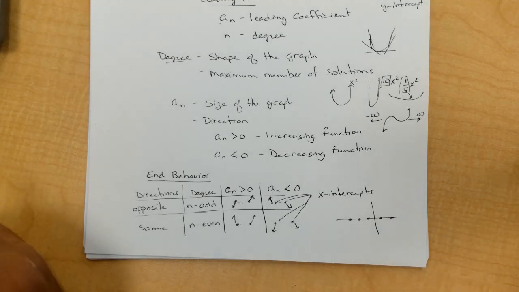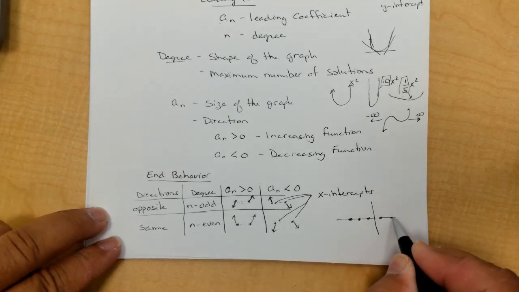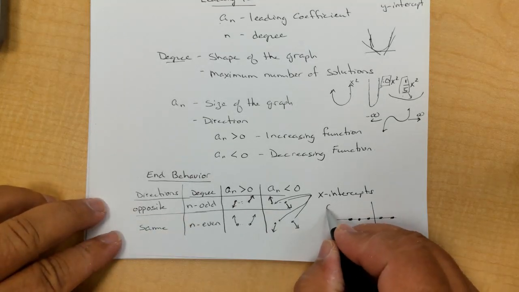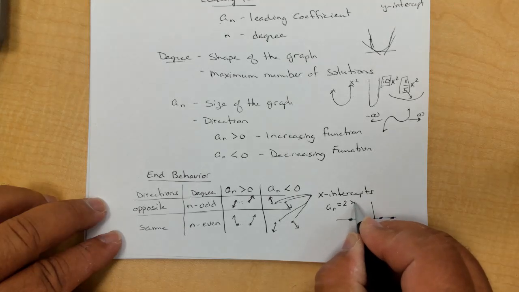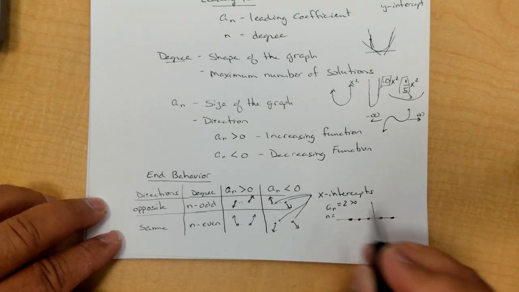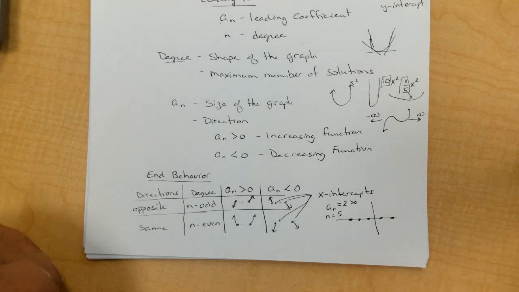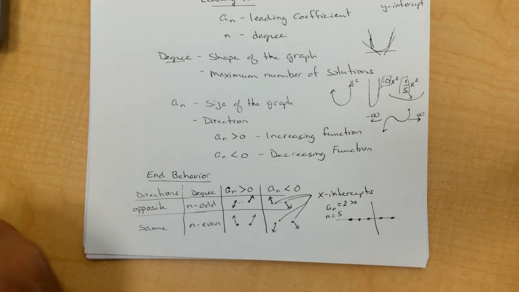So if I had this, I have 1, 2, 3, 4, 5 x-intercepts. a is 2, which is positive, and n equals 5, because there are 5 intercepts. The degree tells us the maximum number of intercepts we can have. So what is the graph of this one going to look like?